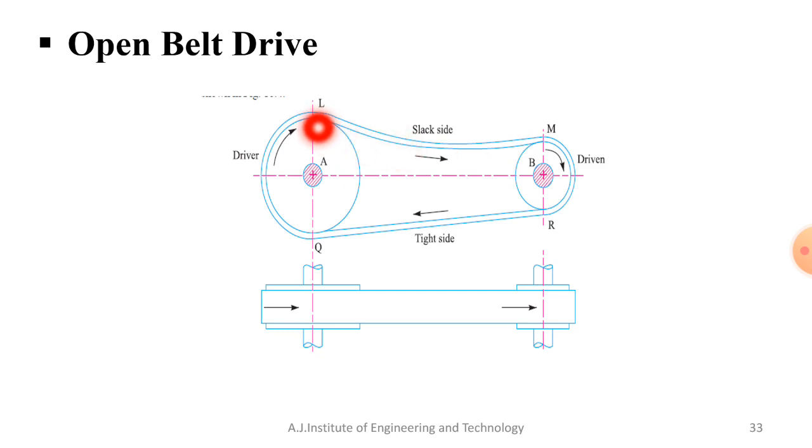Because we use a belt drive here, the rotary motion is converted into translatory motion. Again, the translatory motion of the belt is converted into rotary motion of the driven pulley. So if the driven pulley rotates, shaft B will also rotate.